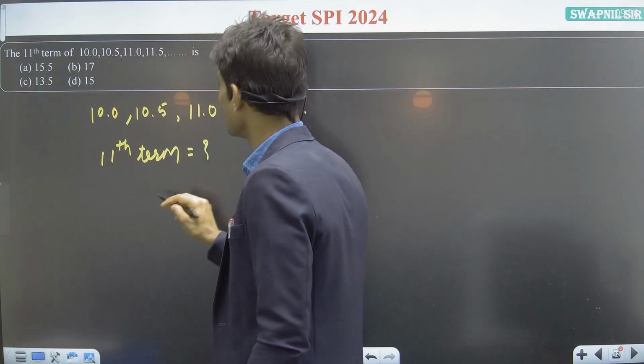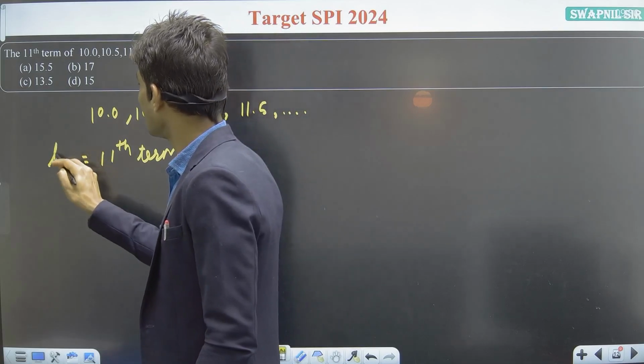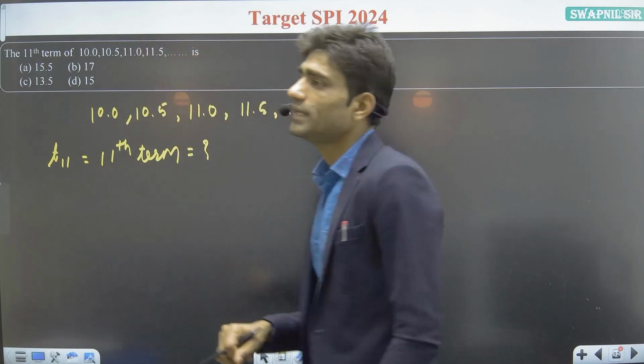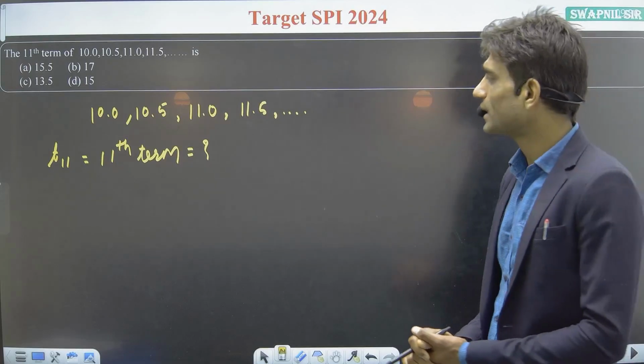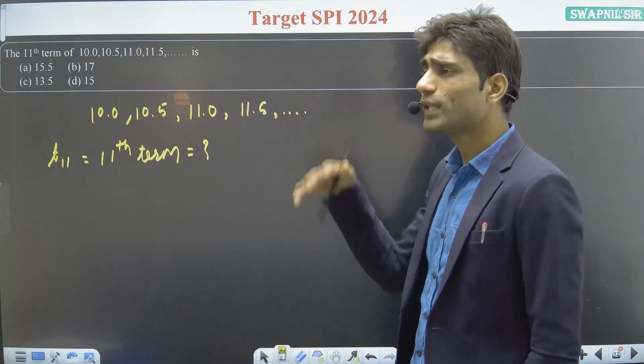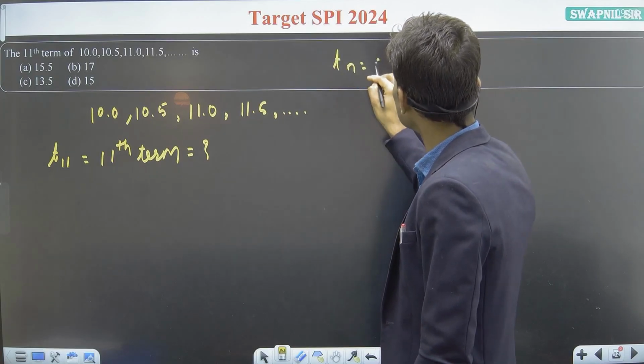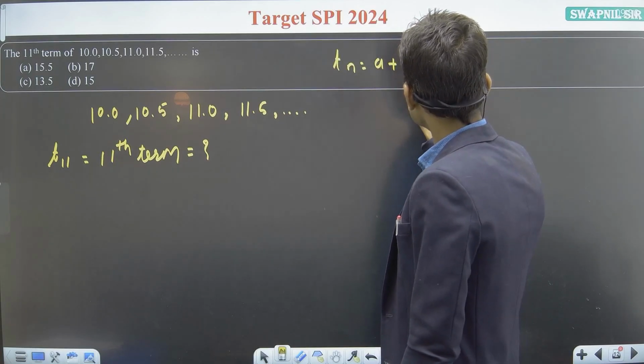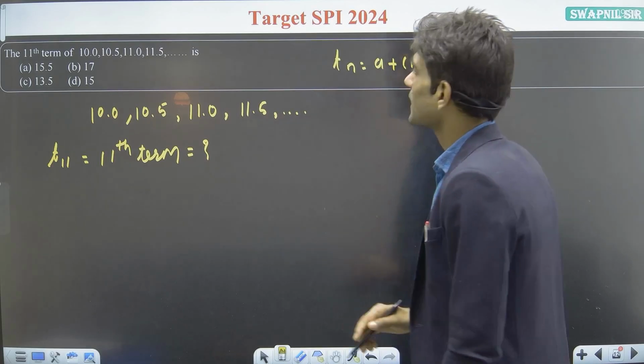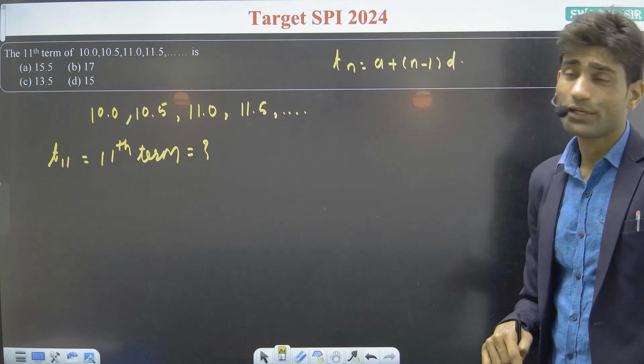The 11th term means we want T11. We know that the nth term of an arithmetic progression, Tn, can be written as a plus n minus 1 into d.